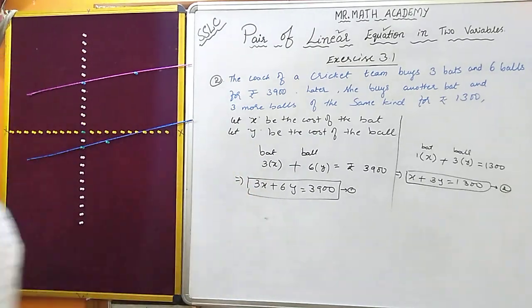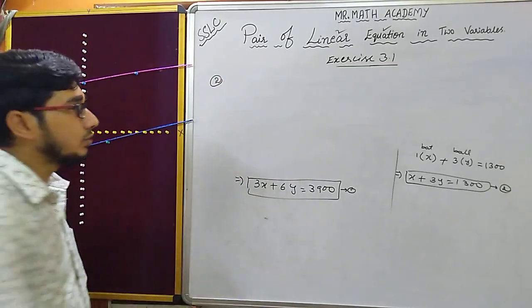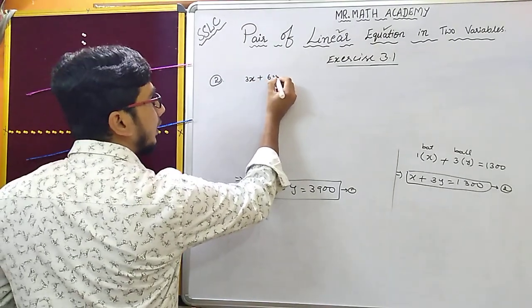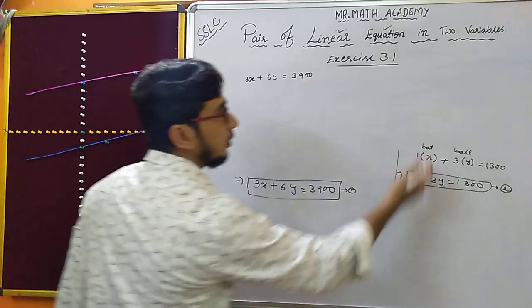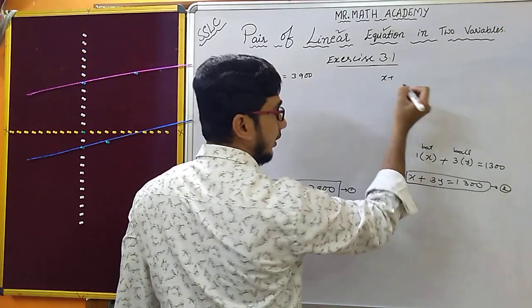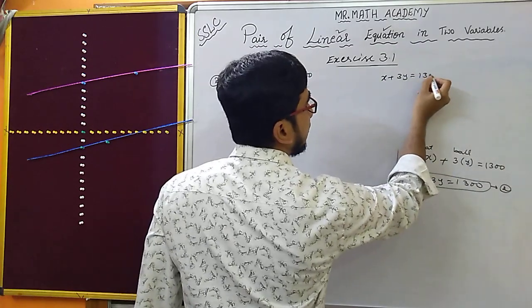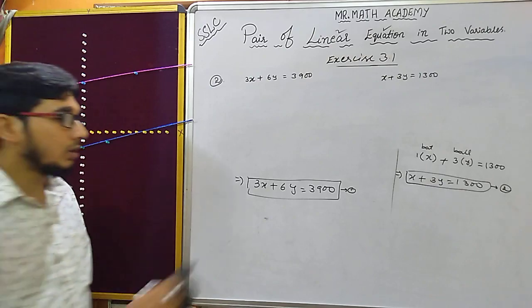Okay, students, let me copy this question up so that it will be helpful for me. 3x plus 6y is equal to 3,900, and this one I'll copy here: x plus 3y is equal to 1,300. These are the 2 different equations I got.